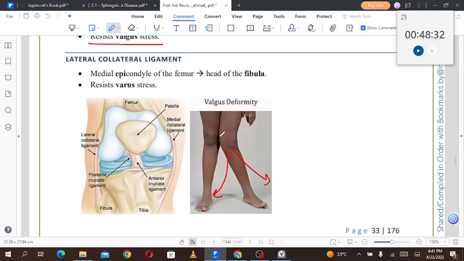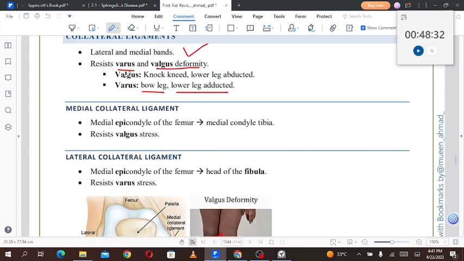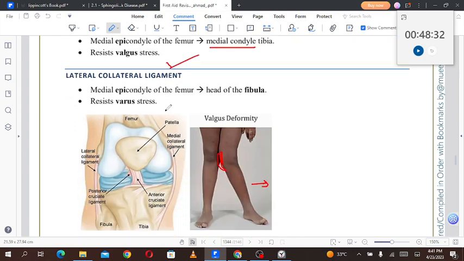So the medial condyle is present over here, and this is the ligament. Whenever the lower leg tries to move outside, this will be stretched and will not allow the leg to be abducted. But if the ligament is lax or absent, the leg can move outwards, and we have the deformity called valgus deformity. Medial collateral ligament: medial epicondyle of the femur, medial condyle of the tibia, and it resists the valgus stress.